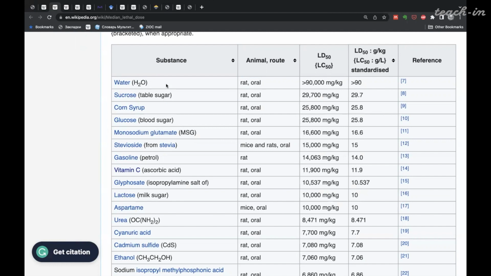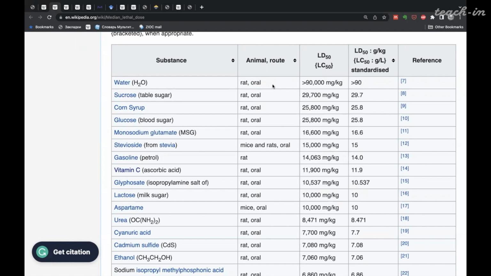So there is some amount of water that can be toxic to rats, for example, when introduced orally.